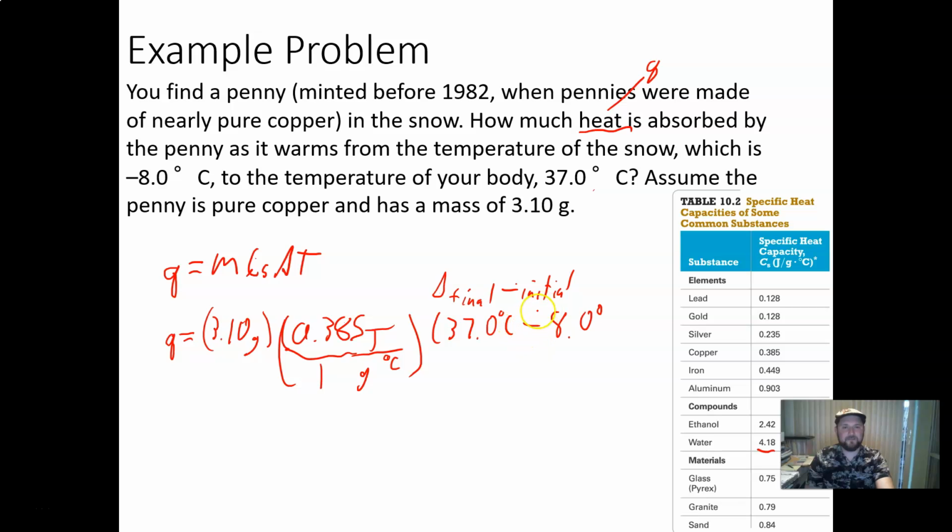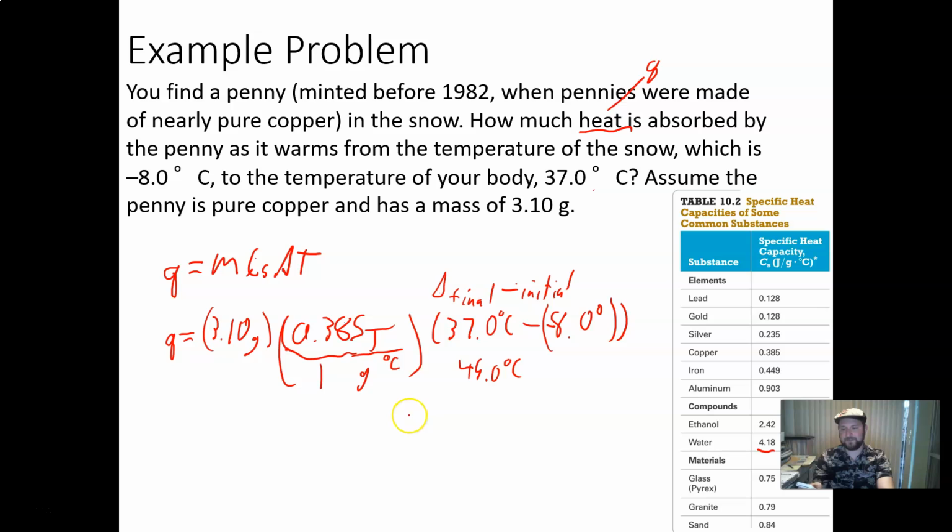I got the final, but the initial is a negative value right here. So it's a negative negative. Remember from mathematics, that means that it ends up being a positive value. Let me put another parentheses in here so I have the right number. And so this is our calculation. 37 minus a minus 8 would be 37 plus 8, for a total change in temperature of 45.0 degrees C.